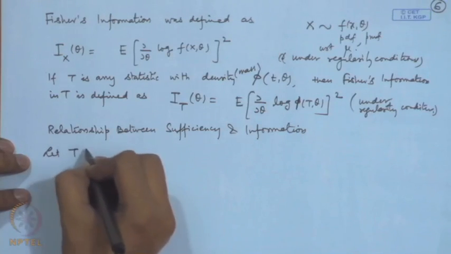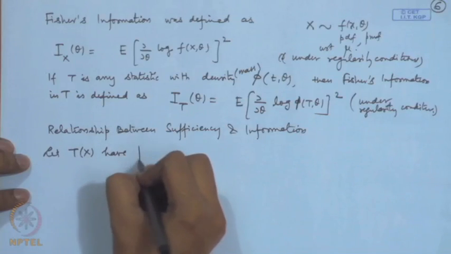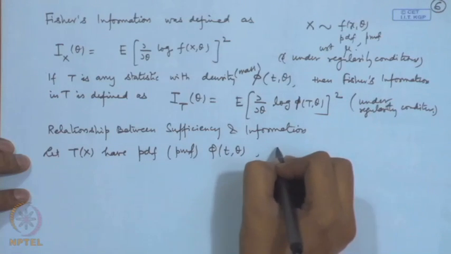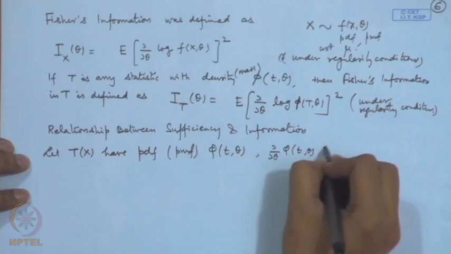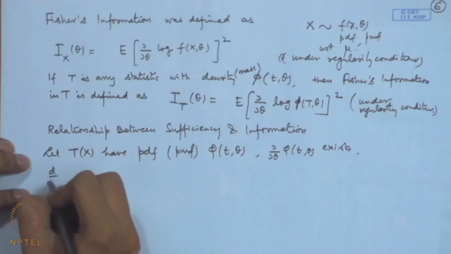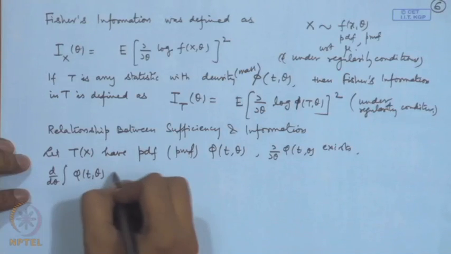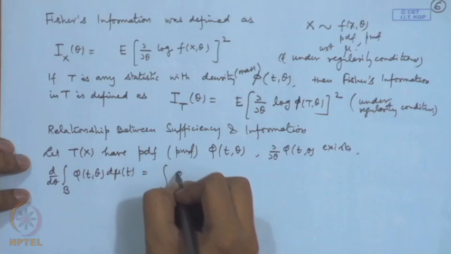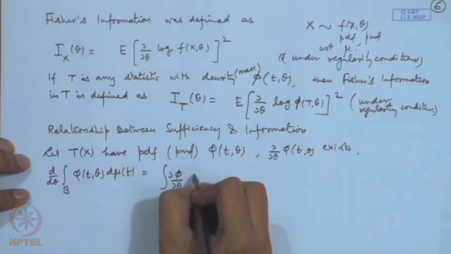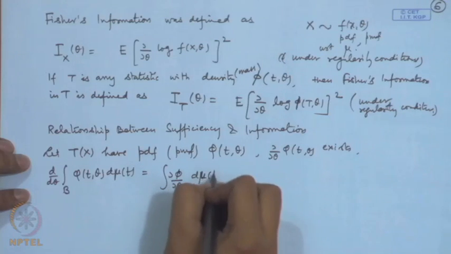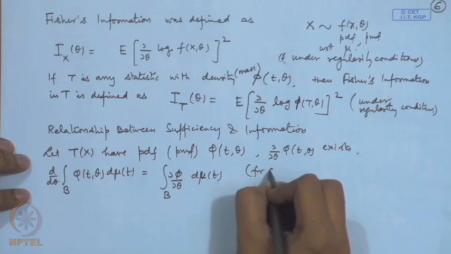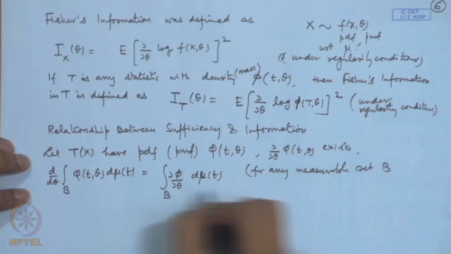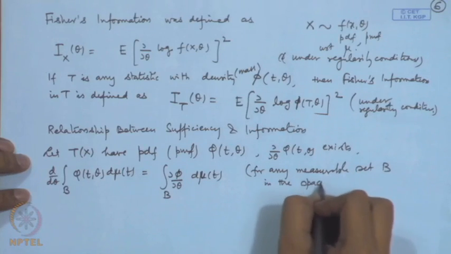Let T(x) have PDF or PMF phi(t, theta), and let del by del theta phi(t, theta) exist, with d by d theta of the integral of phi(t, theta) d mu_t over any measurable set B equal to the integral of del phi by del theta d mu_t, for any measurable set B in the space of t values.